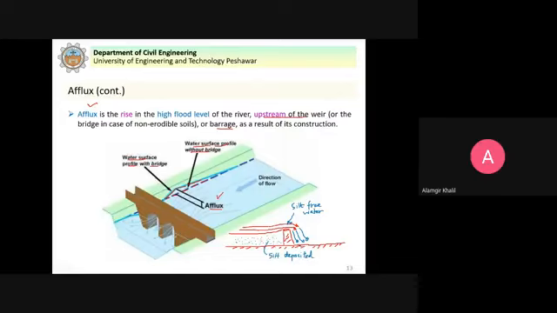This will be lower. This phenomenon is known as retrogression.